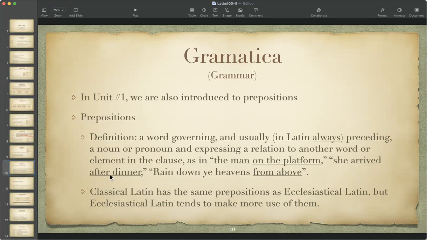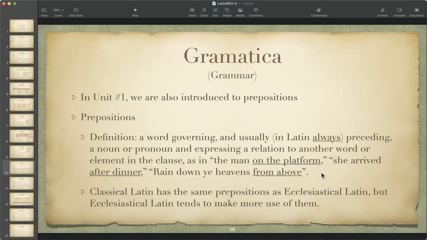She arrived after dinner, which is probably unfortunate because she didn't get any. So again, she is the noun and it's after dinner when she arrived. And then my favorite is the Rorate Caeli, or one of my favorites, rain down ye heavens from above. So where is the rain coming from?